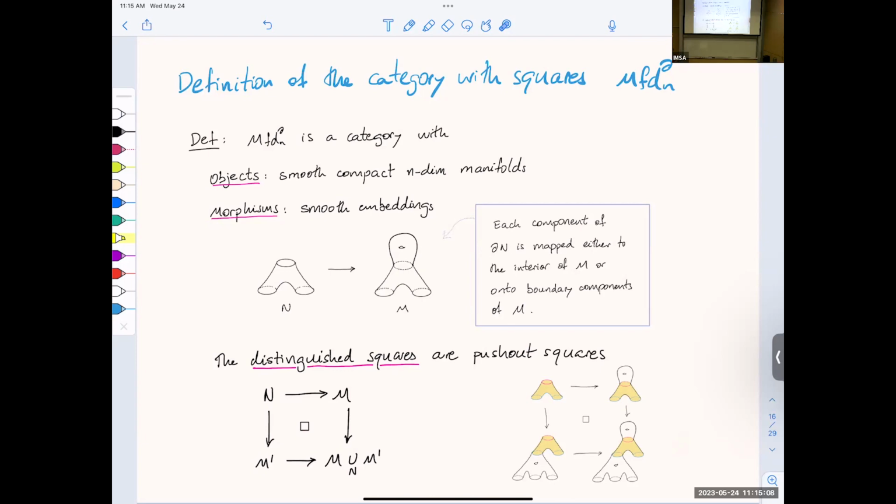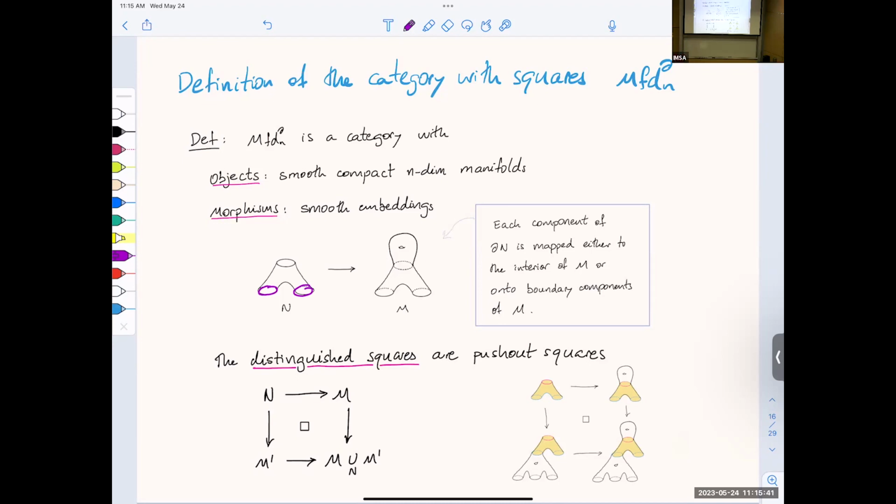Our choice is that if you're trying to embed this manifold N in this manifold M, and of course N and M have the same dimension, the question is where your boundaries are going to go. The boundaries are going to go either completely to the interior of the manifold, or onto the boundary components of M.